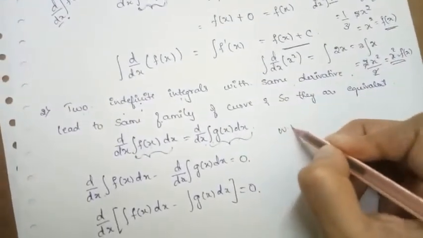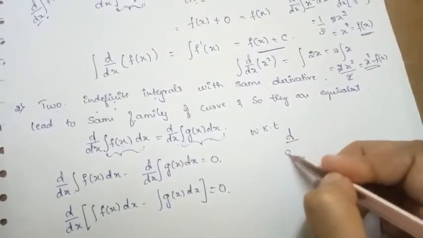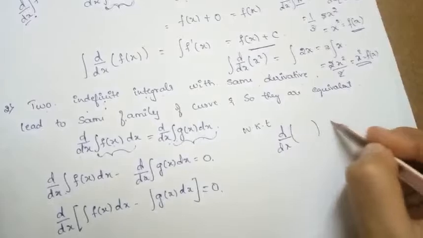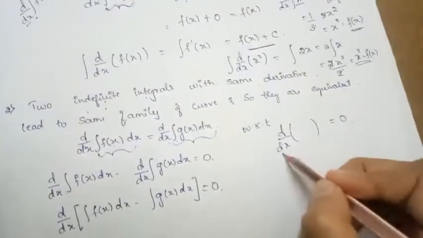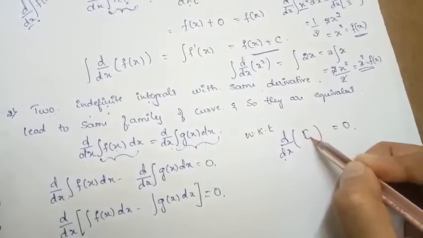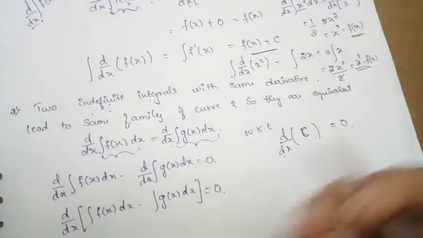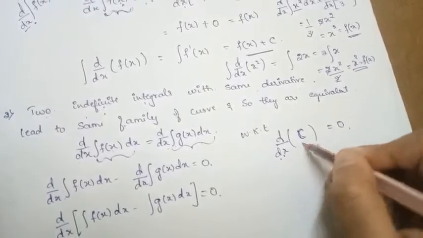But we know that the differentiation of a certain thing is equal to 0 when, if I consider any constant k or c, the differentiation of a constant is equal to 0.